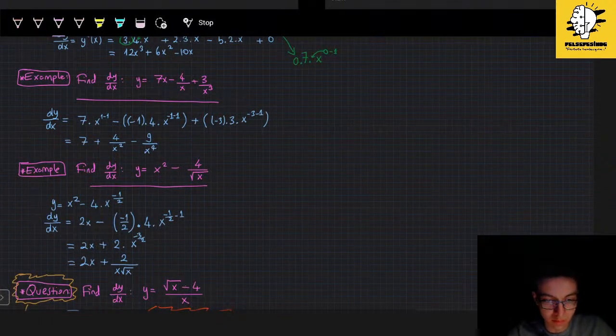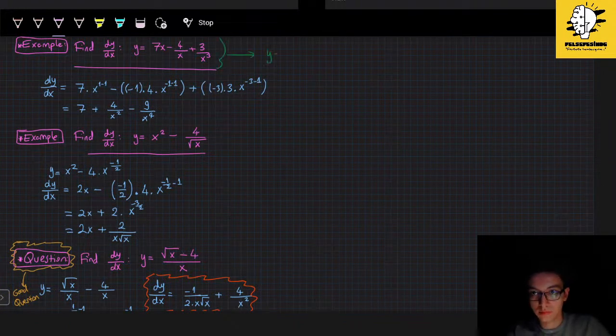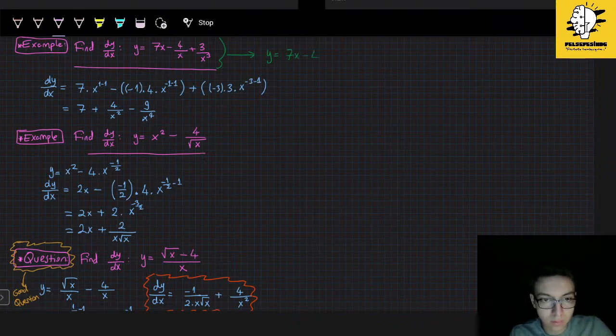Let's take a look at this. Actually, we can write this function as y equals 7x minus 4x to the power of minus 1 plus 3 times x to the power of minus 3. And this is going to be the case. It's not challenging. You just have to remember your exponent knowledge.